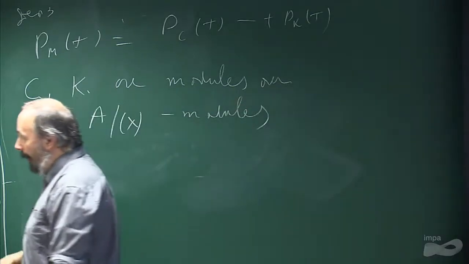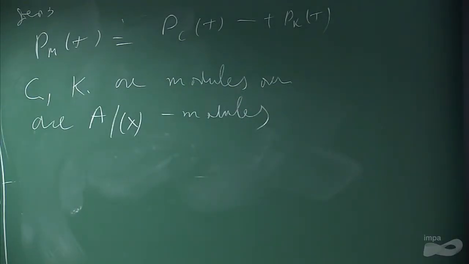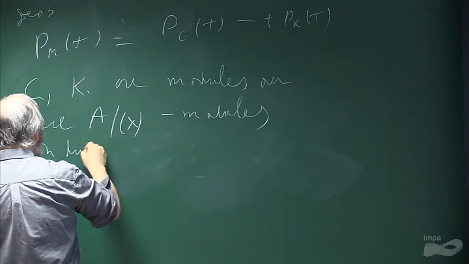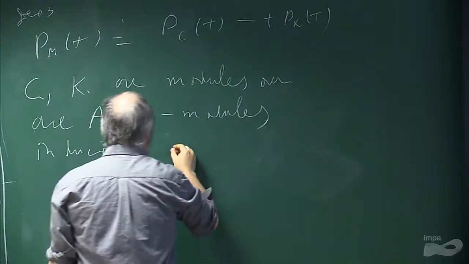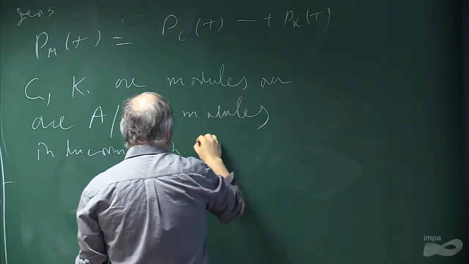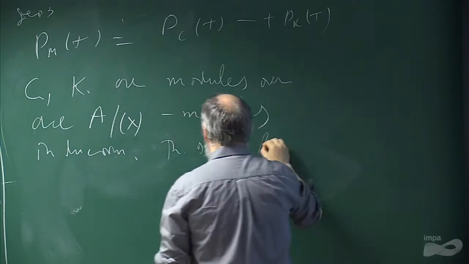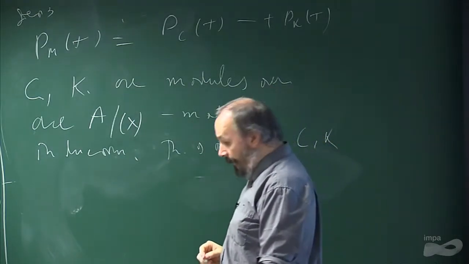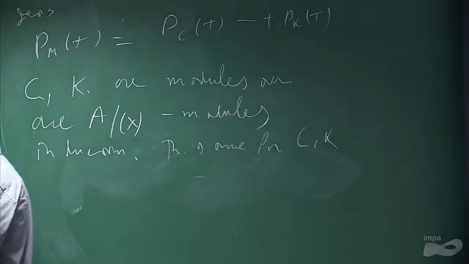Okay, using induction, we can assume that the theorem is true for C and K. This is because we know it for 0. This was step 1.